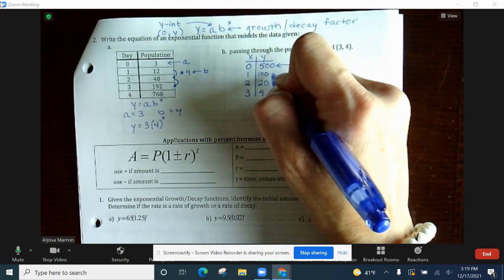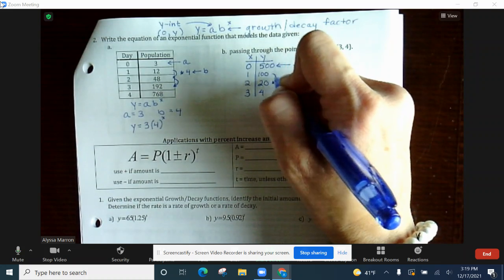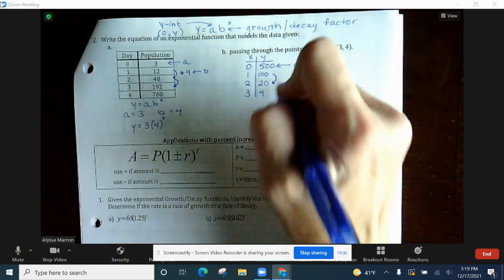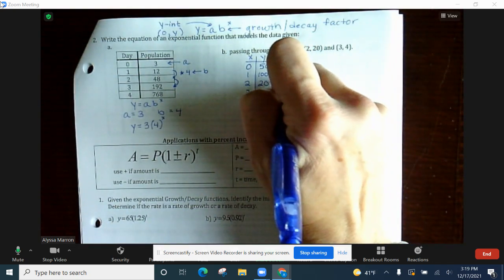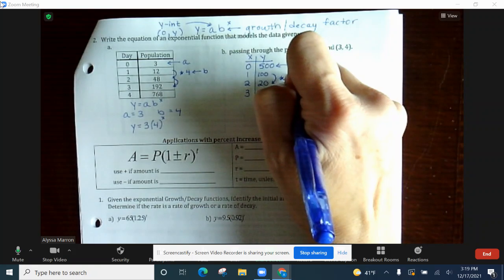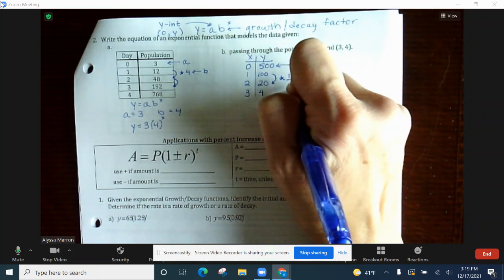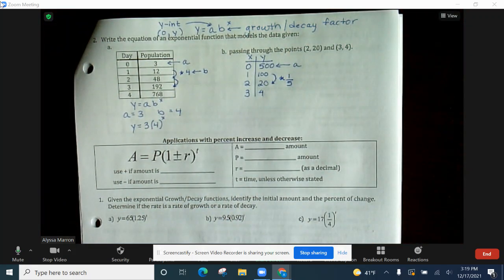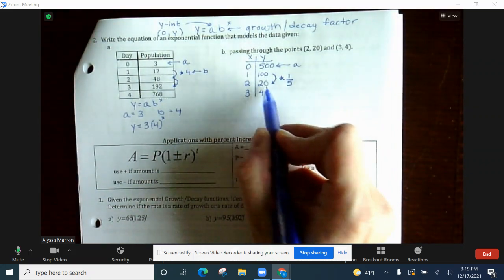So what we're multiplying by to get from 100 to 20, well, a lot of students will say we're dividing by 5, which isn't wrong, but you want to show us what are we multiplying by each time. Dividing by 5 is the same as saying multiplying by the reciprocal. The reciprocal of 5 is 1/5. Take a fifth of 100, we get 20.